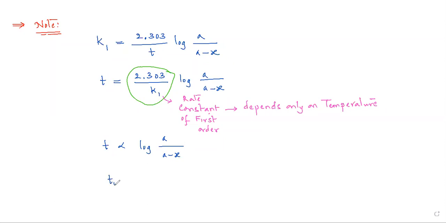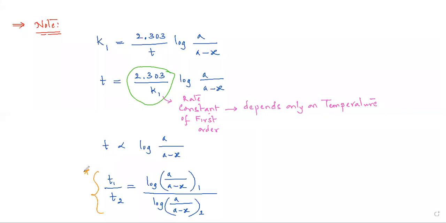Now, from this, we can write t1 by t2 is equal to log a by a minus x in the first case, by log a by a minus x in the second case. We come across so many problems on this particular relation. Like they'll be giving you a question this way: 90% of a first order reaction is completed in say 30 minutes.